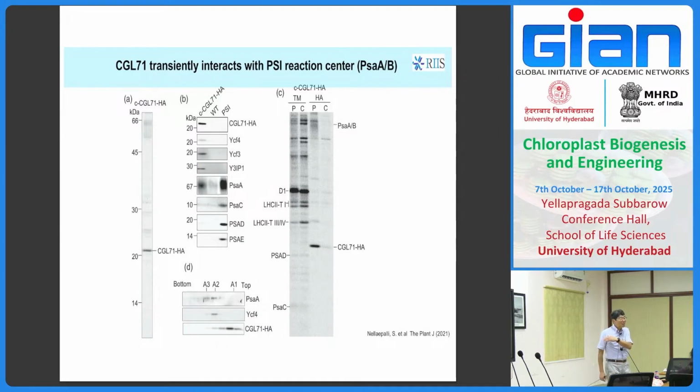So there should be a signal, but you couldn't detect it because of the sensitivity. But if you detect strongly, other proteins also appear. So this signal may be covered by other signals.